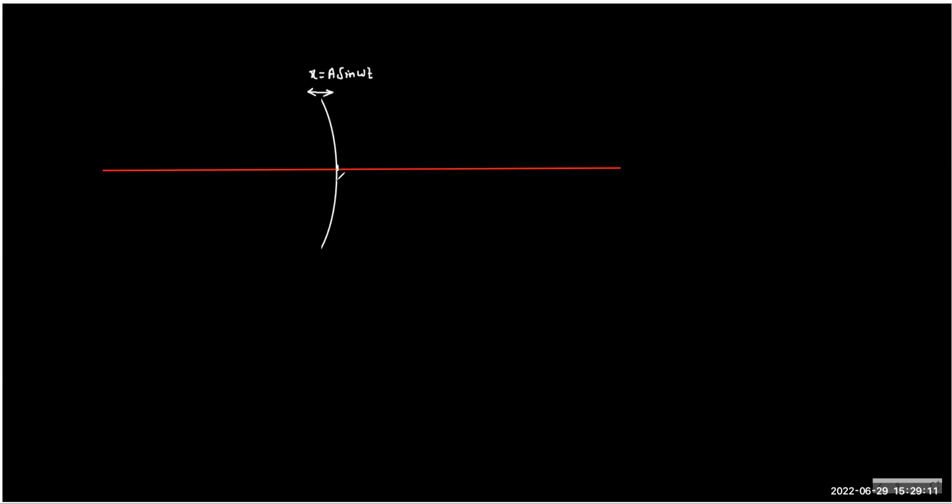This is the origin. Let's call it pole P. So we have an object which is fixed. But because the mirror is oscillating, the object position will also shift with respect to the mirror, and so the image position of the object will also shift with respect to the mirror, and hence with respect to the ground.